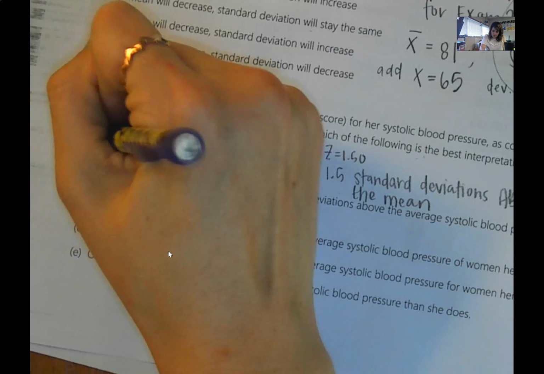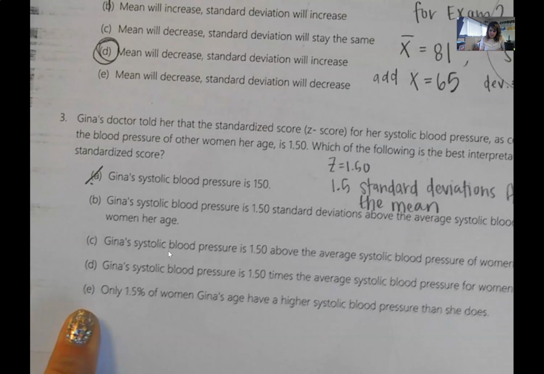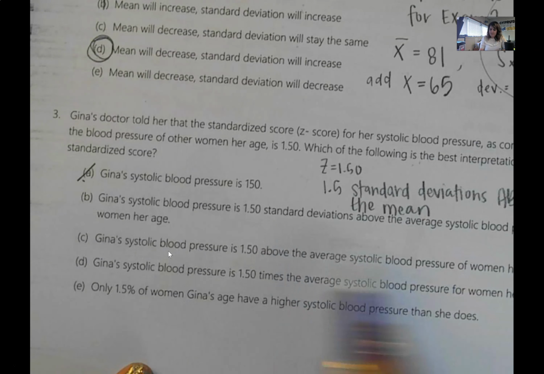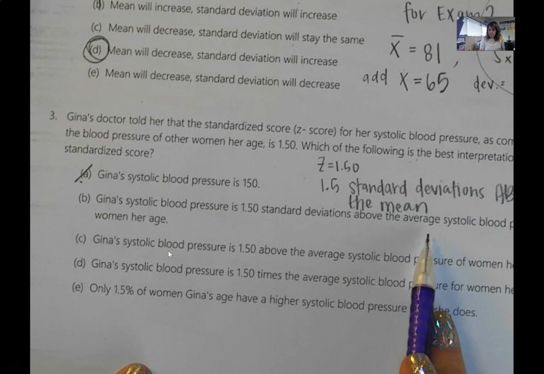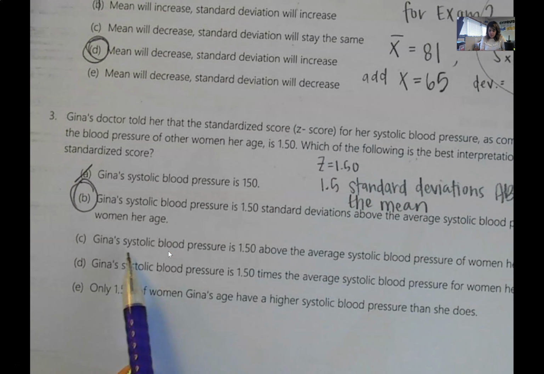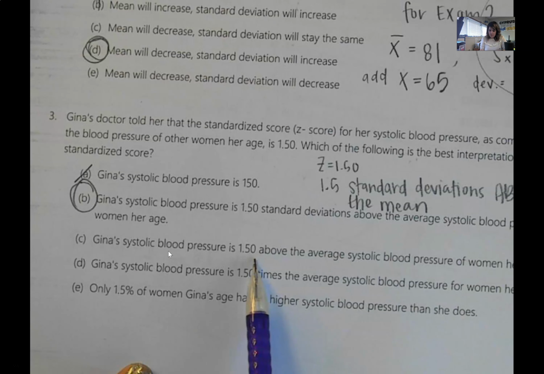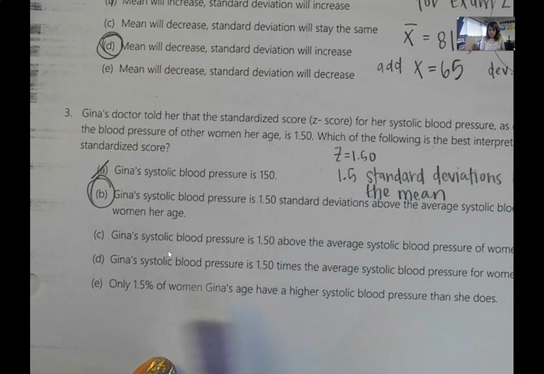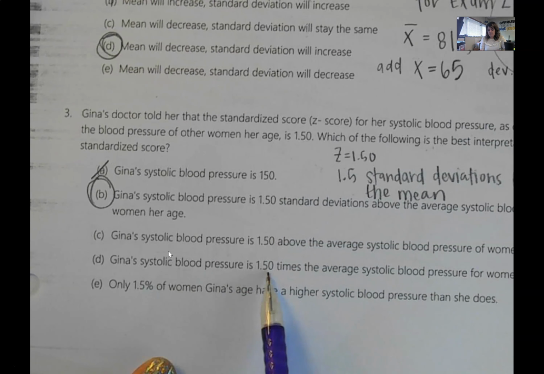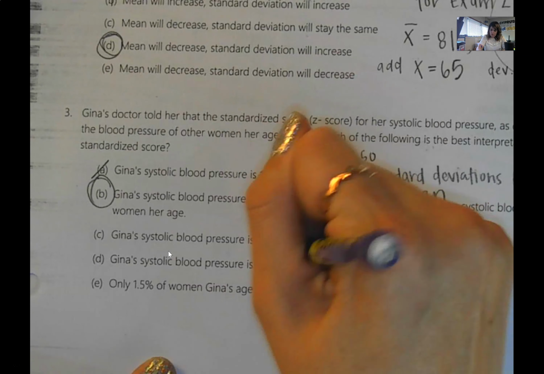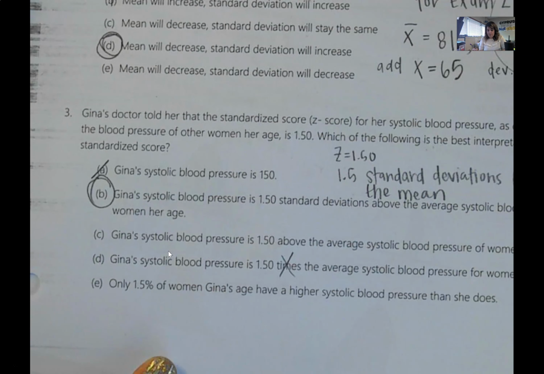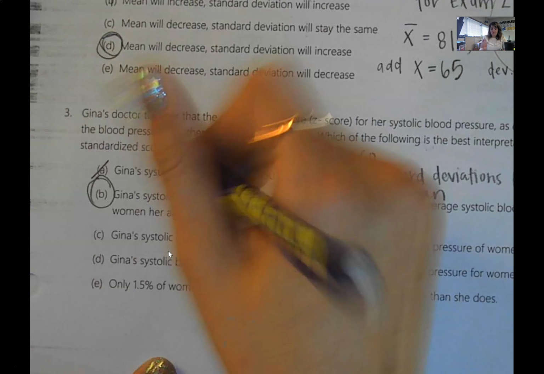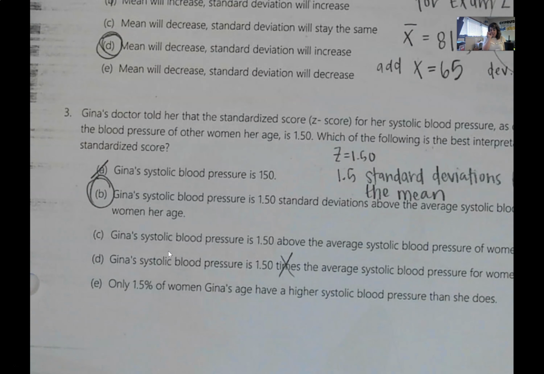A is a no. B, 1.5 standard deviations above the average, so it can be B. Gina's blood pressure is 1.5 above. No, it's not 1.5 above, it's 1.5 standard deviations. Gina's blood pressure is 1.5 times. Nope. Only 1.5% of women, nope. So it does have to be B.